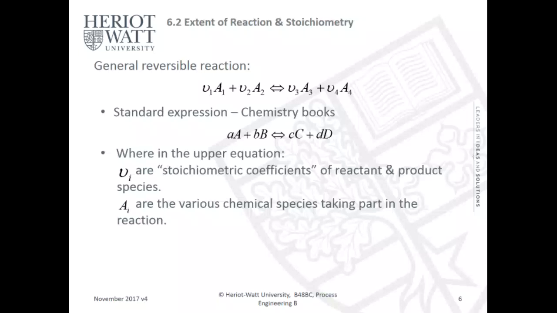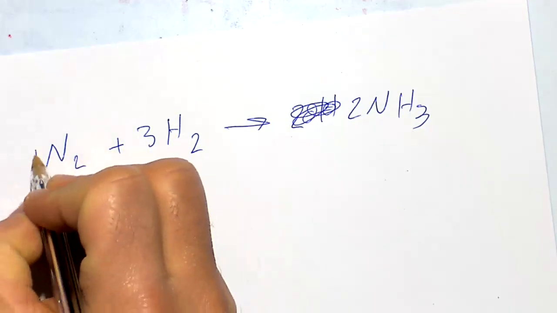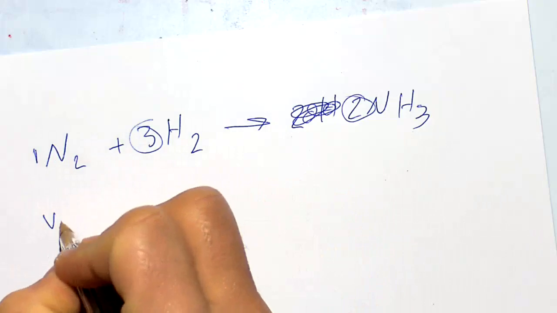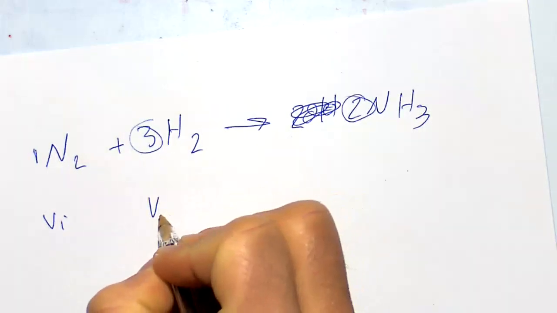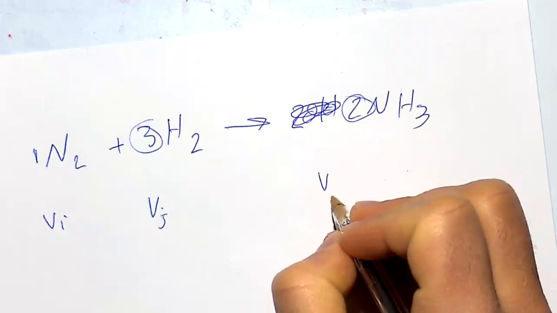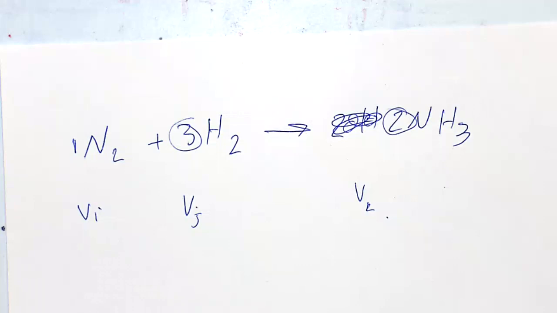So for ammonia, this is 1, this is 3, this is 2. These are your vi, vj and vk, I think. Usually, you can call it anything.